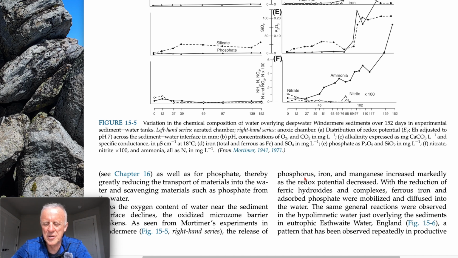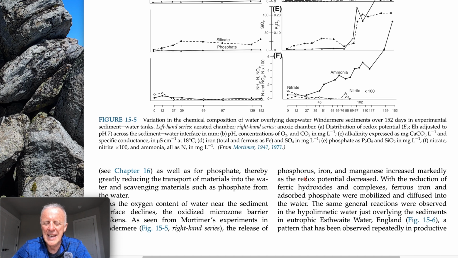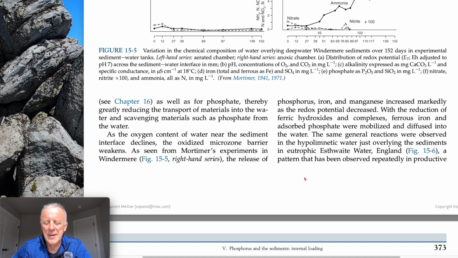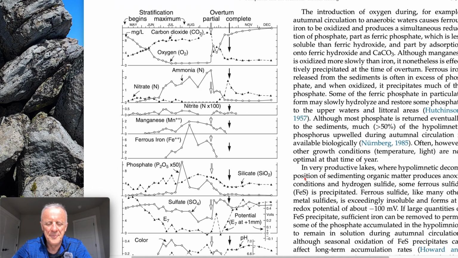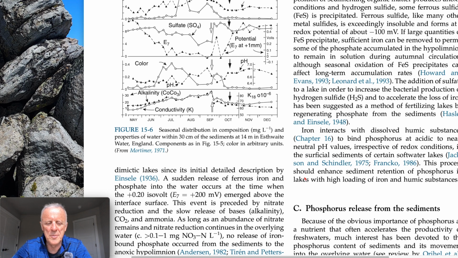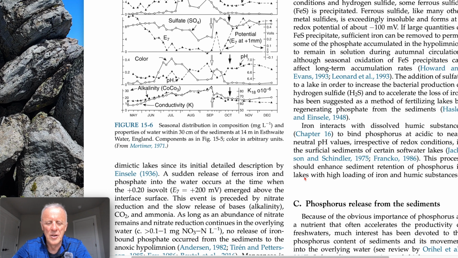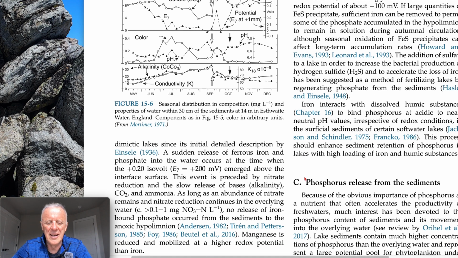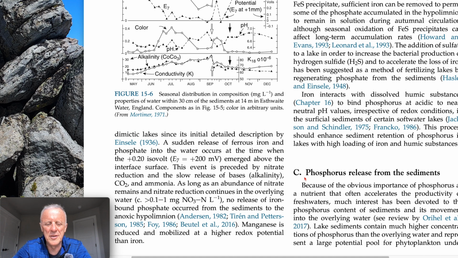The same general reactions were observed in the hypolimnetic water just overlying the sediments in eutrophic water, England, a pattern that has been observed repeatedly in productive dimictic lakes since its initial detailed description by Einsele in 1936. A sudden release of ferrous iron and phosphate into the water occurs at the time when the plus 0.20 isovolts emerge from above the interface surface.